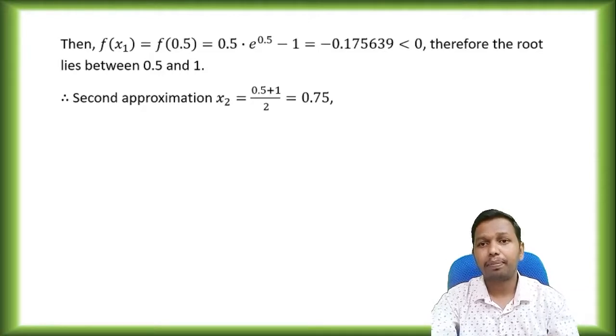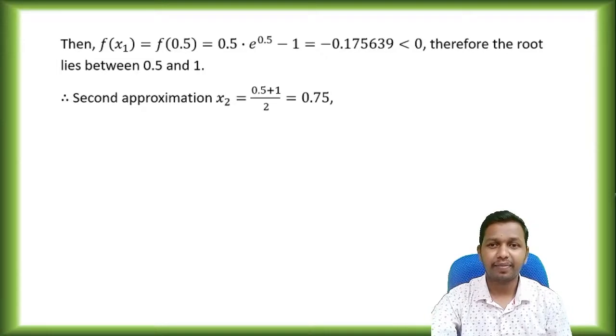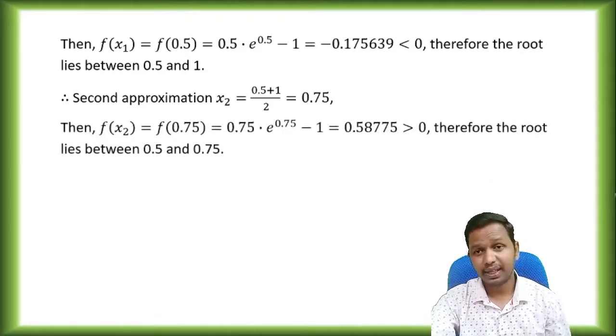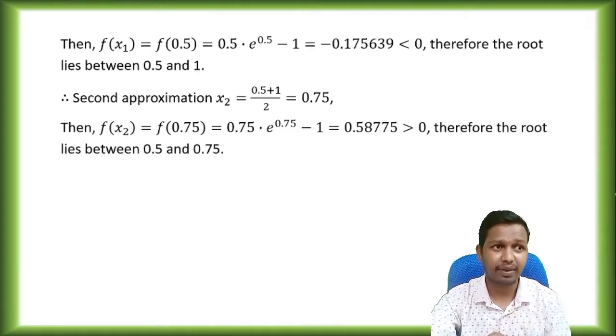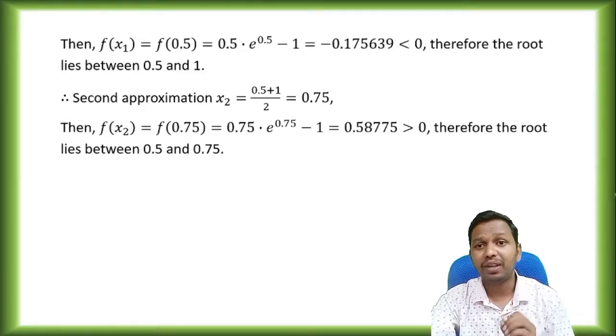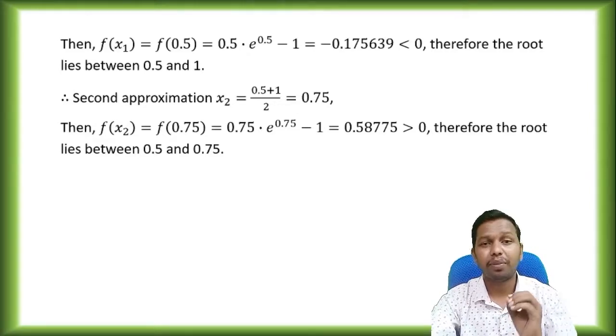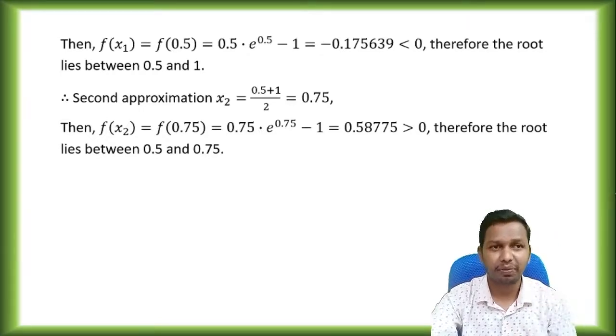Therefore, our second approximation is 0.5 plus 1 divided by 2, which is nothing but 0.75. Then find f of x2, that is f of 0.75 equals 0.75 into e power 0.75 minus 1 equals 0.58775, which is positive.